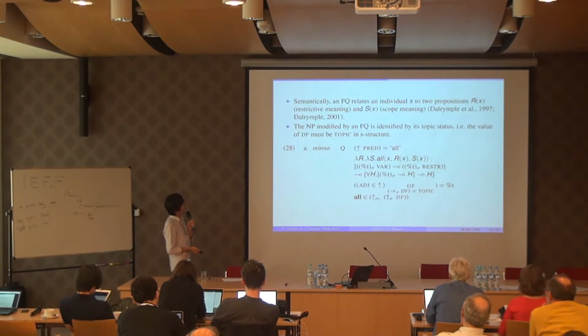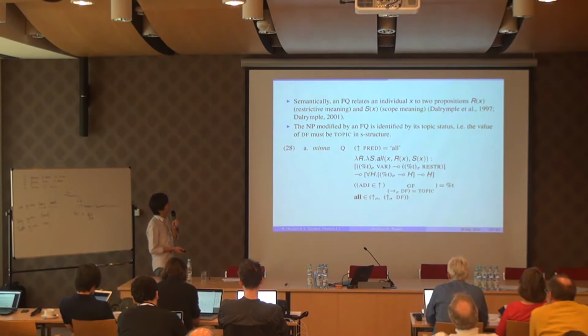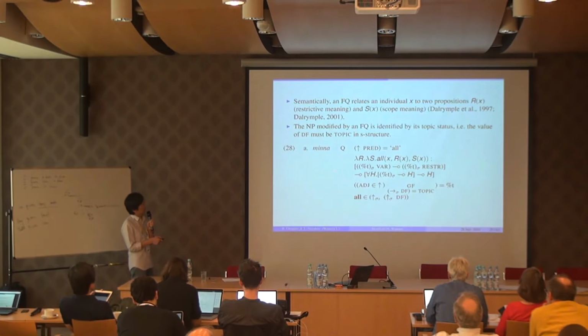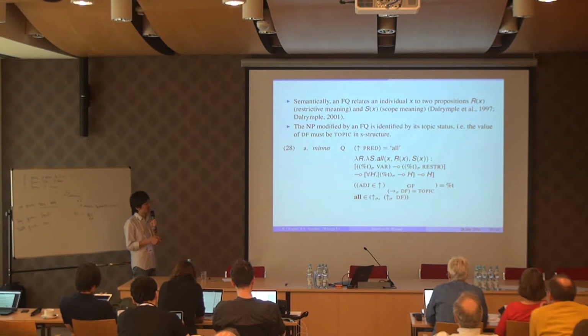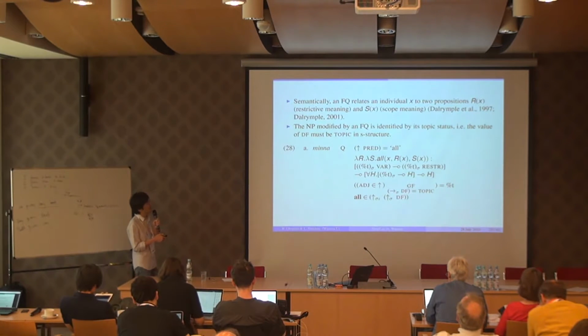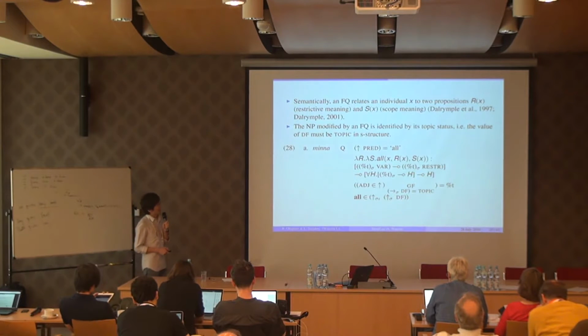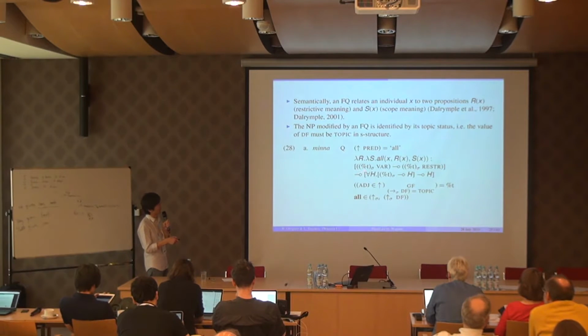Right. So then we need the entry for the quantifiers. This is the Japanese floating quantifier, all. So we have a semantic representation. Because it's a quantifier, we adopt the standard semantic representations for quantifiers, which were proposed in Dalrymple et al. 1997 or Dalrymple 2001. And the one crucial point we'd like to propose in this entry is the local name T here.